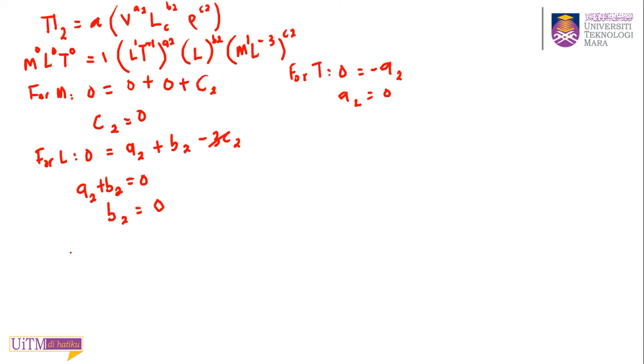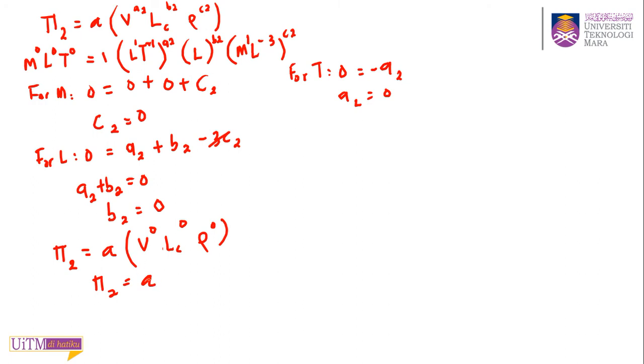So everything is 0, so our second pi will equal alpha times V^0, L^0, rho^0, so it will be just alpha. The dimensionless parameter is just alpha.